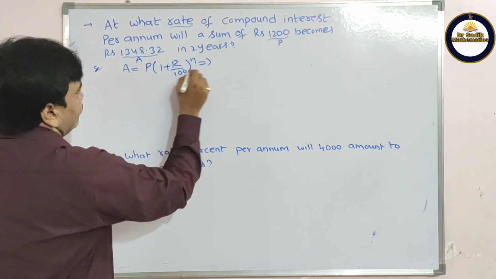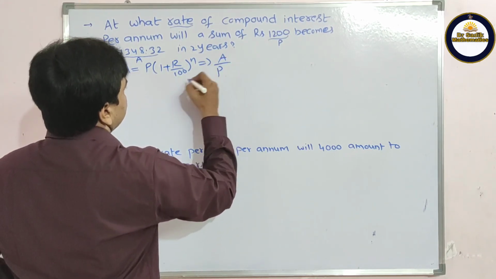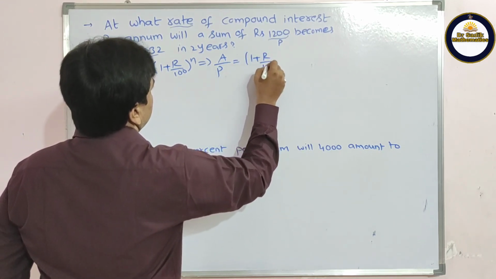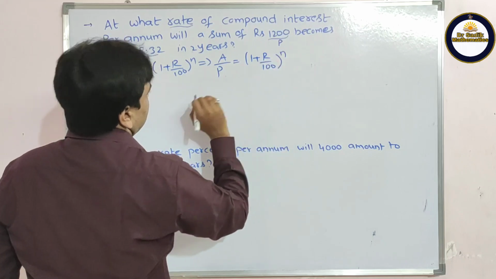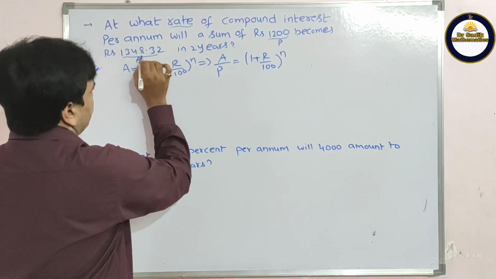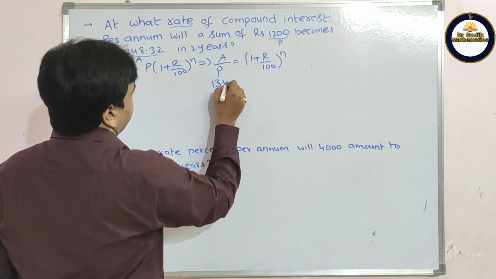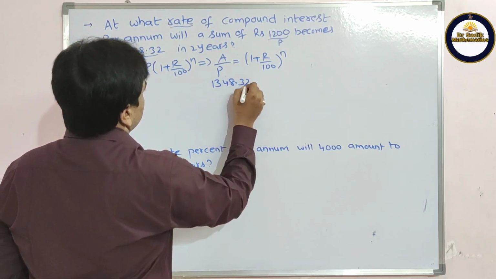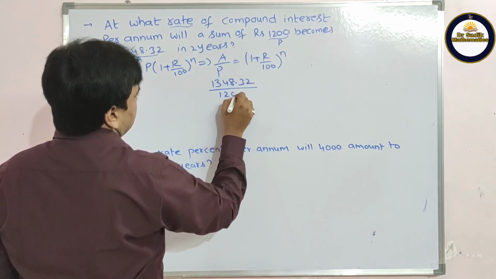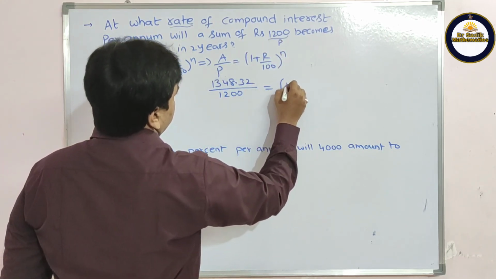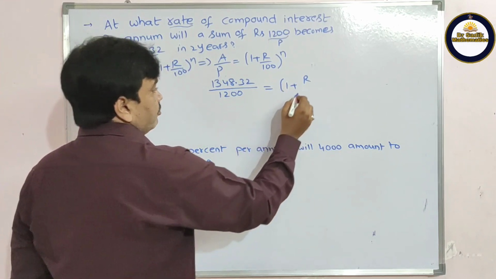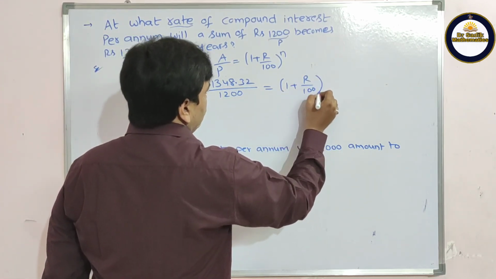Divided with P, friends, then I get A by P equal to (1 plus r by 100) whole power n. Now what is A, friends? 1348.32 divided by P. P is 1200. That is equal to 1 plus r by 100, whole power n.